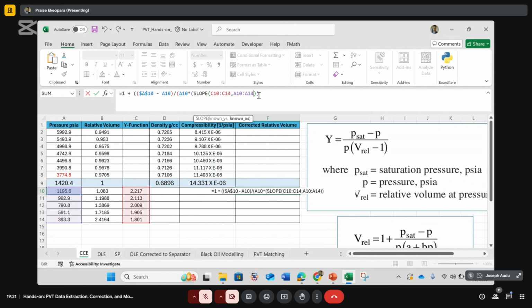So what I'm going to do will be my slope plus the intercept multiplied, the same thing is applicable. I just need to select this and this. Then I now have my intercept multiplied by my pressure.